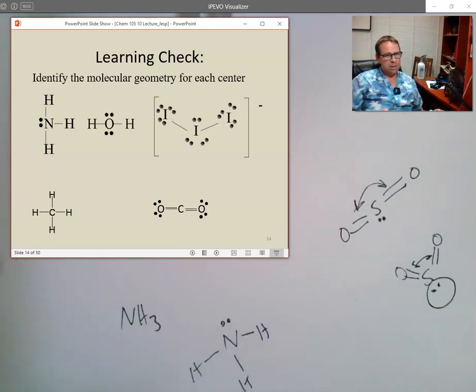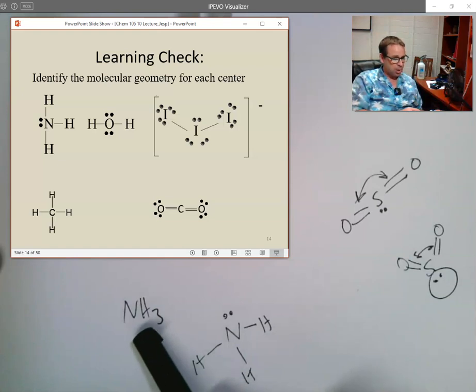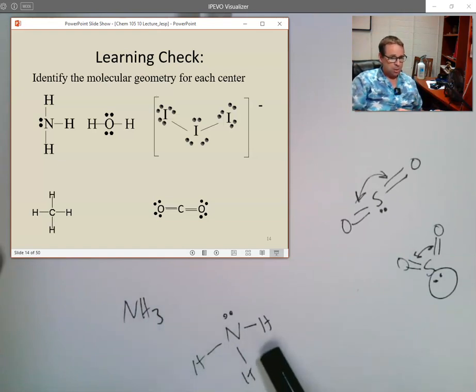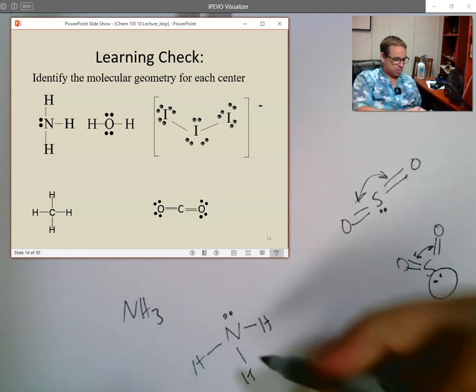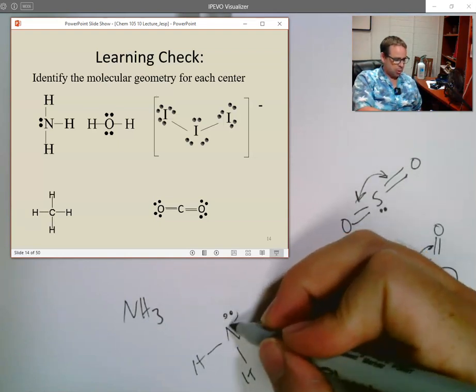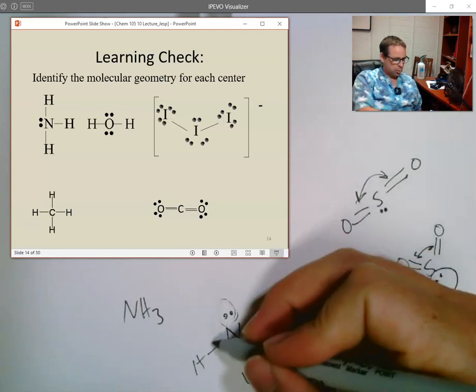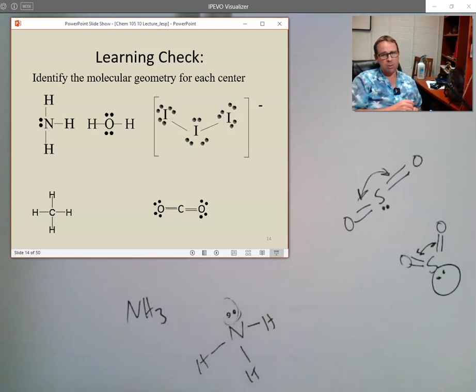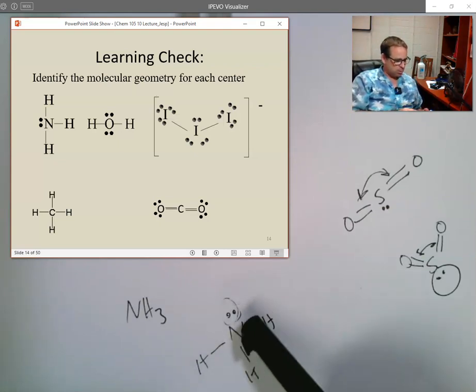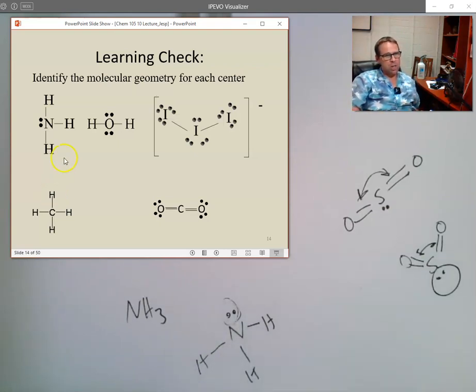So recognize that when you're asked about the shape of a compound, it's the Lewis dot structure that's going to help you. It's being able to recognize, after you've drawn the Lewis dot structure, the number of regions of electron density around the central atom, and then looking at regions of non-bonding. So do you remember, Katie, what do you call the shape of a molecule that has 4 regions of electron density, 1 of them non-bonding?